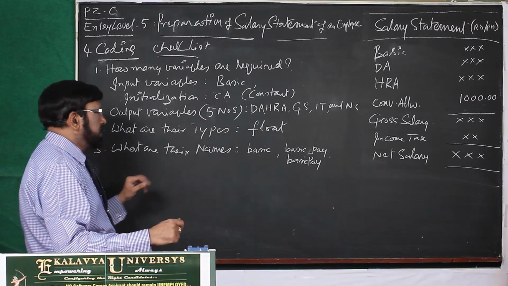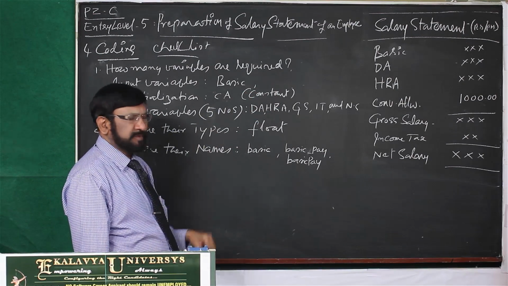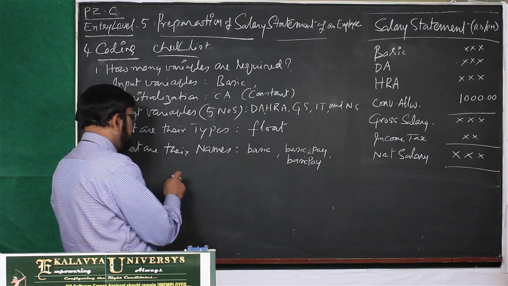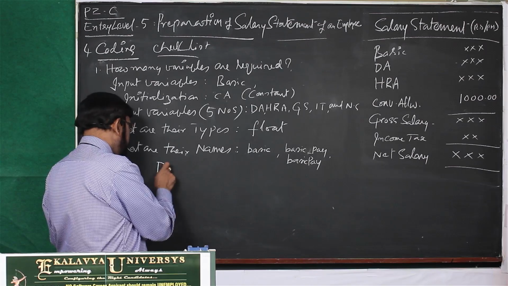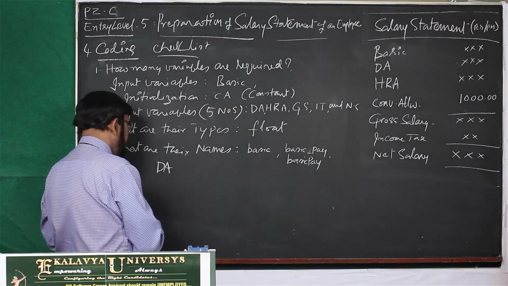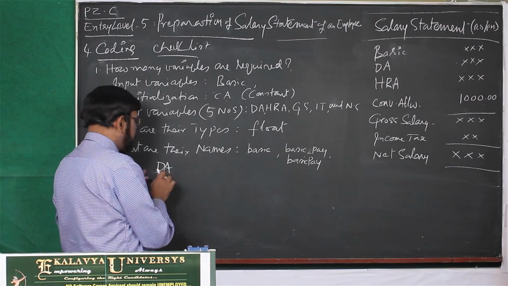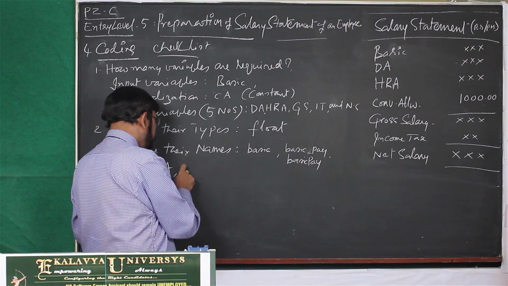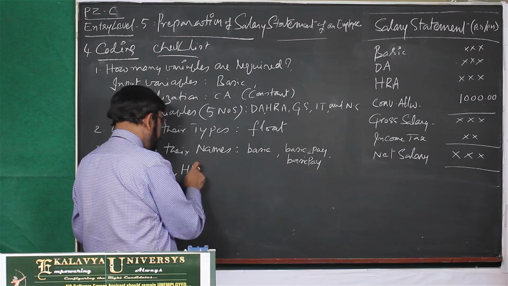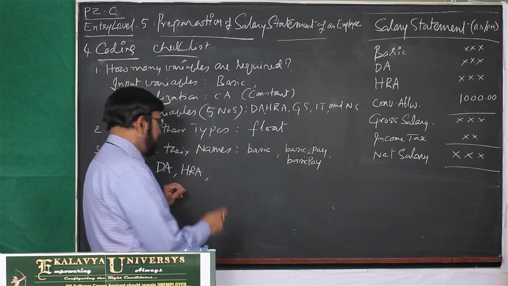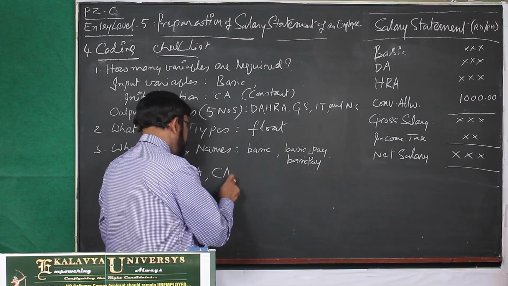So for certain abbreviations, if you use uppercase, they are more readable. That's why you take DA in uppercase, that is more readable. And the second one, house rent allowance, that also is an abbreviation, and HRA you can take. And conveyance allowance you take as CA.